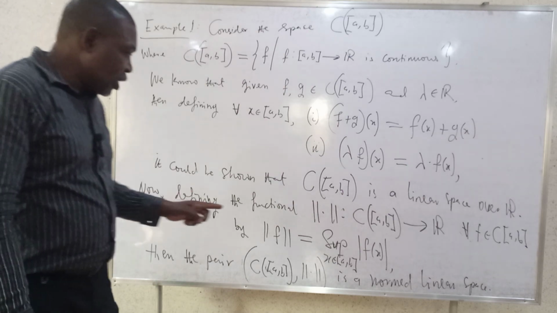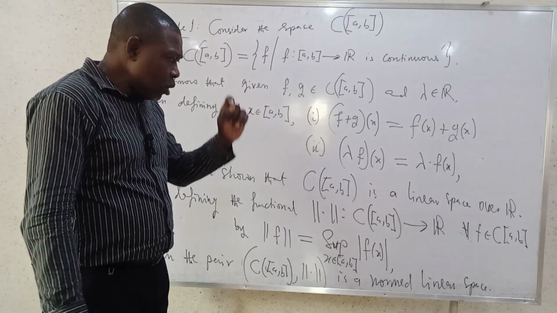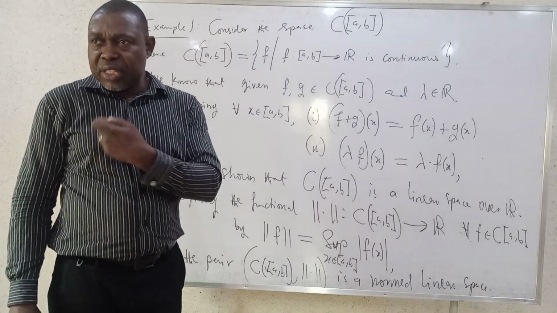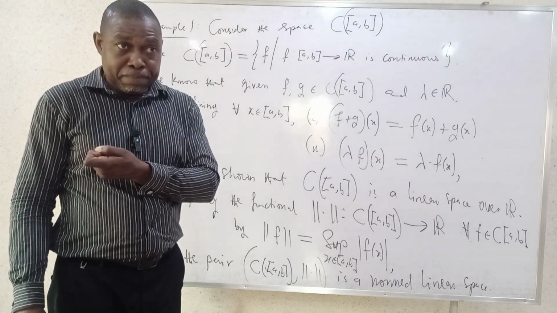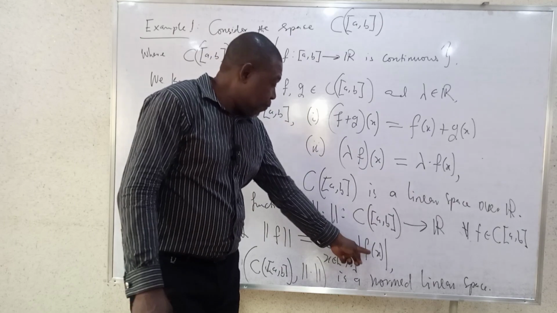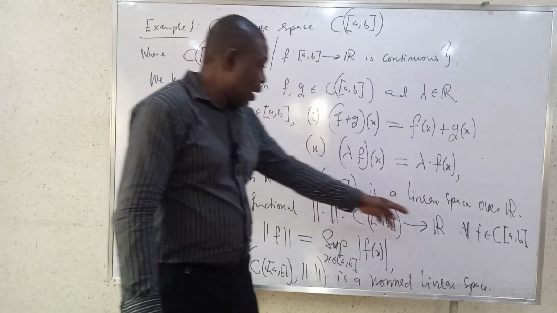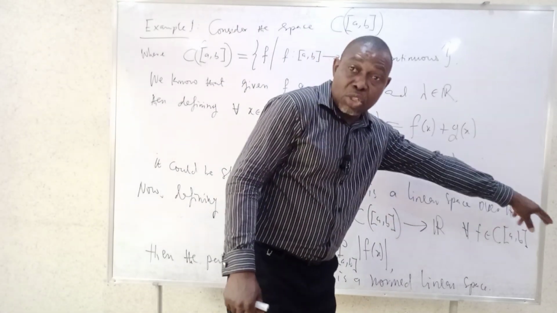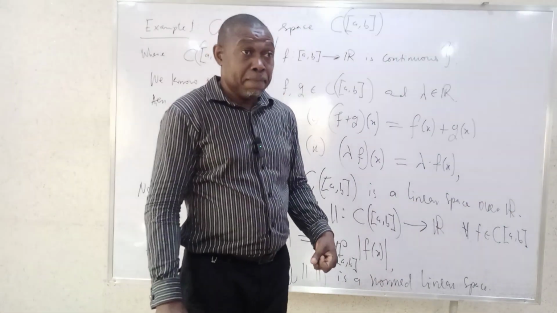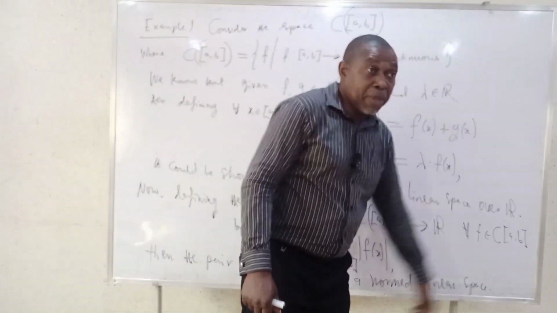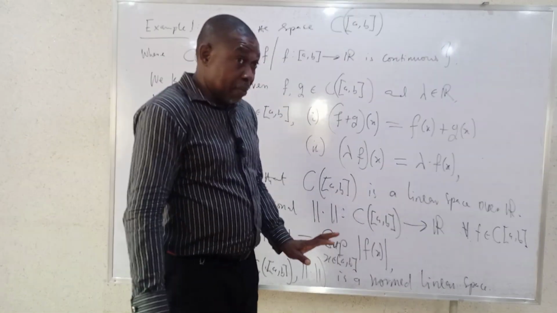Actually, what is happening here is the following. The absolute value function is a continuous function, we know. f, where it's coming from, is a continuous function on the interval [a,b]. I don't know if you get my point.